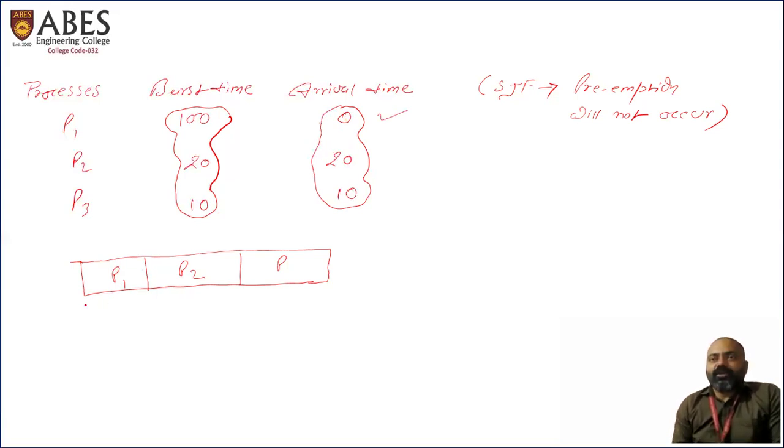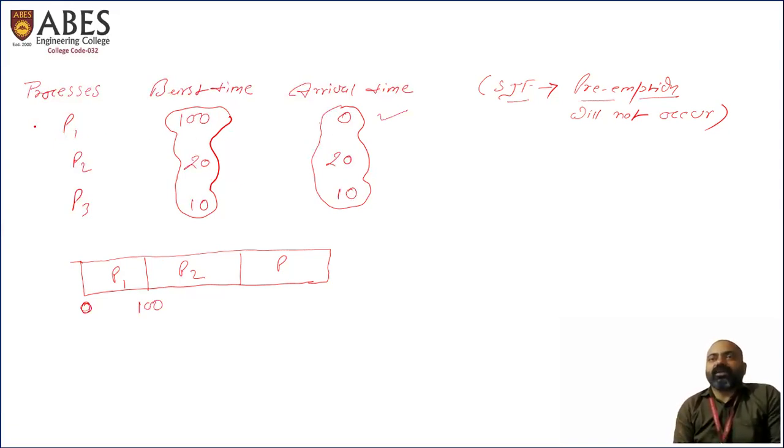So at time 0, the CPU has P1, so the CPU will execute P1. As this is simple SJF, means not preemptive SJF, preemption is not done. So P1 will get executed completely. What is the burst time of P1? This is 100. So it will take a total of 100 units of time for its execution.